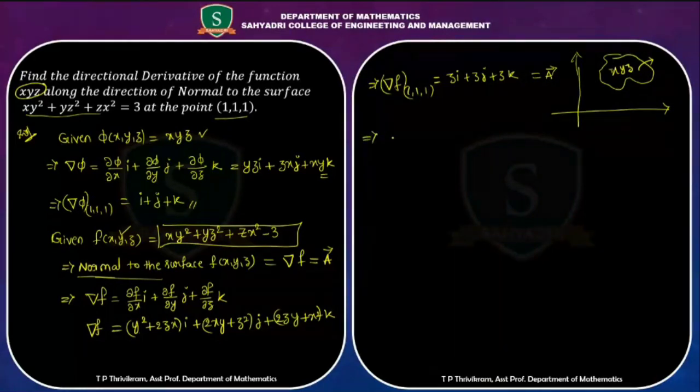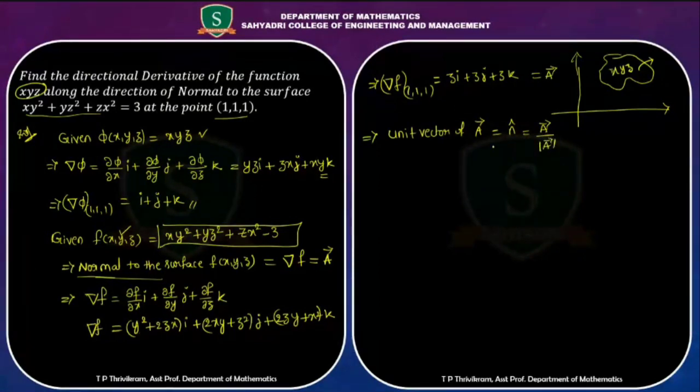So you need to find n cap, right? Unit vector of vector A, this is equal to n cap, which is defined as A vector divided by magnitude of A vector.